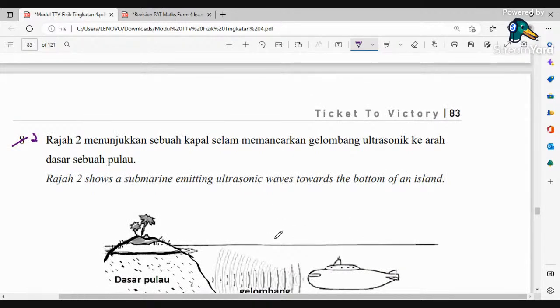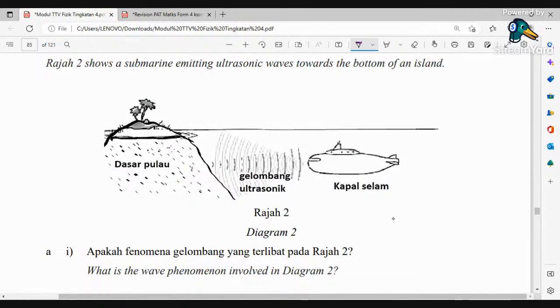Diagram 2 shows a submarine emitting ultrasonic wave towards the bottom of an island. What is this ultrasonic wave? Actually, high frequency sound wave.